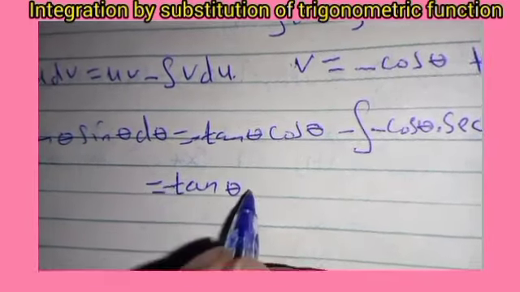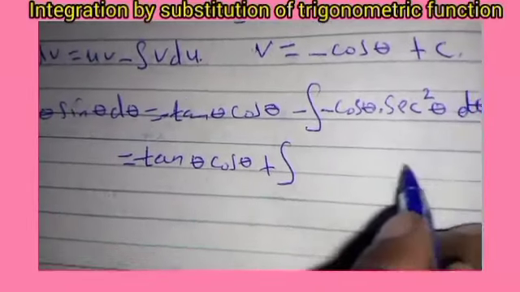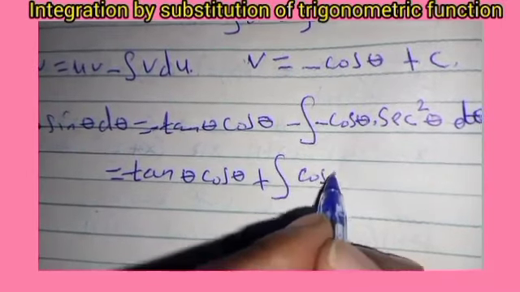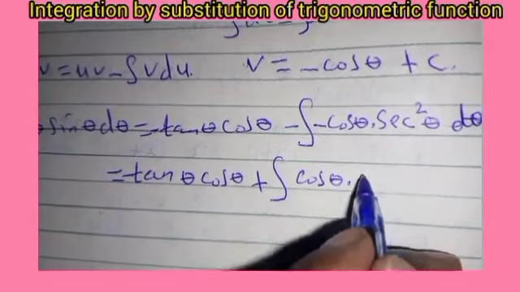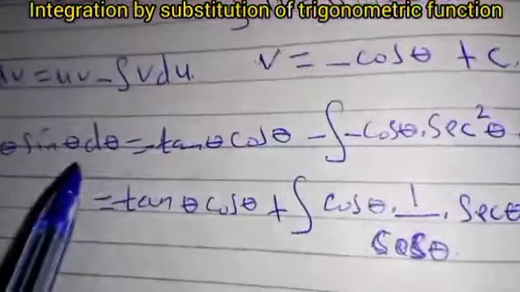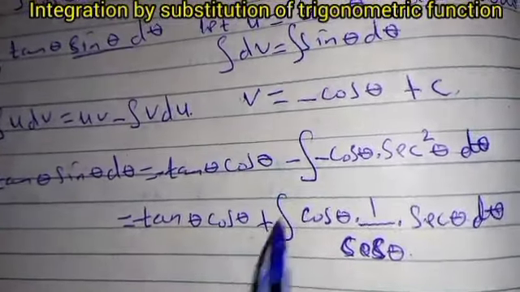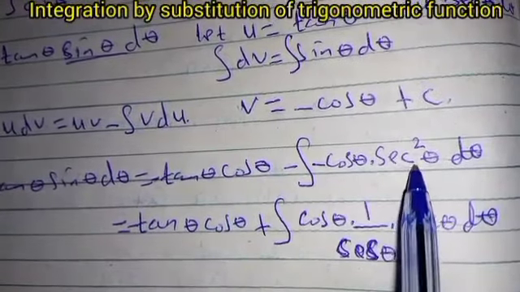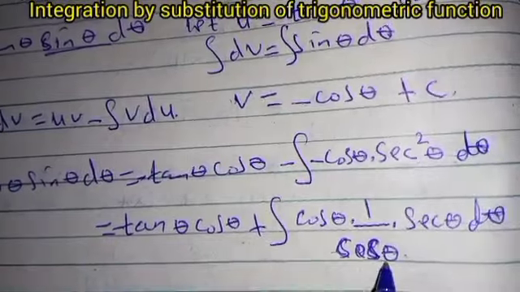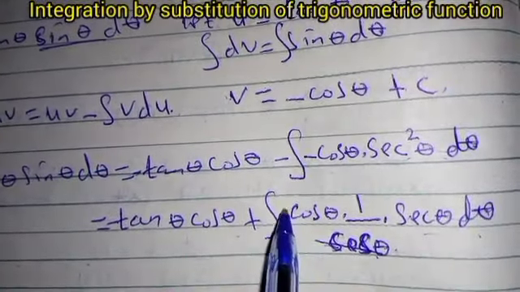This is minus cos of theta plus integral of cos theta multiplied by 1 over. So from here, plus, instead of sec squared theta, we can split it as 1 over cos theta, integral of that. So the cos and the cos will cancel.